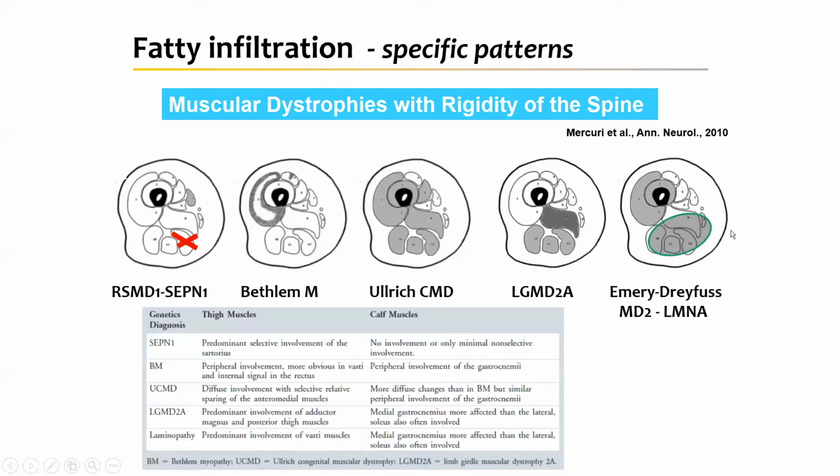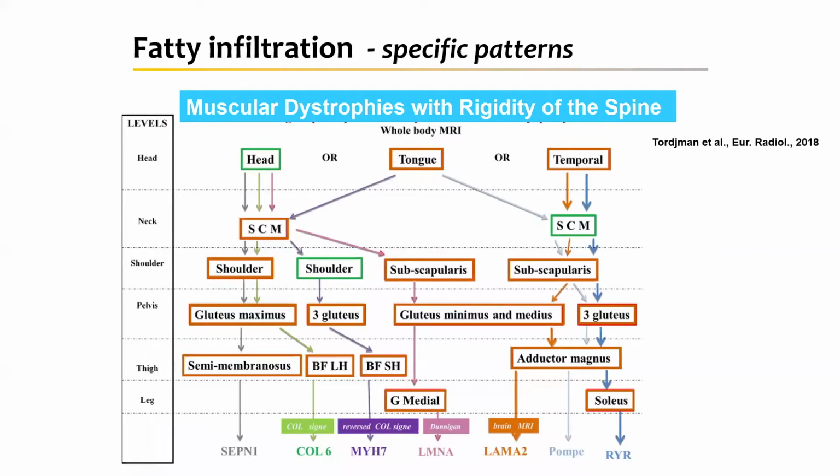So you have patterns, and these patterns combined with some observations in the calf also have quite good performance in terms of specificity and sensitivity. This one is an update taking advantage of the whole-body MRI that, as we'll see later, is more and more important and popular. And it helps to guide us toward a few more diagnoses.